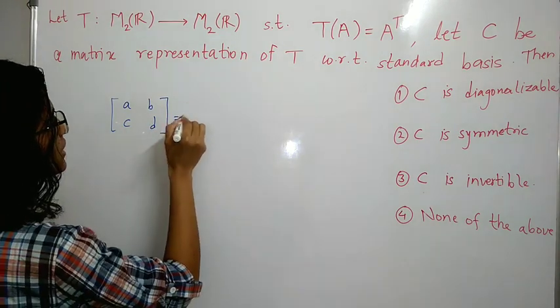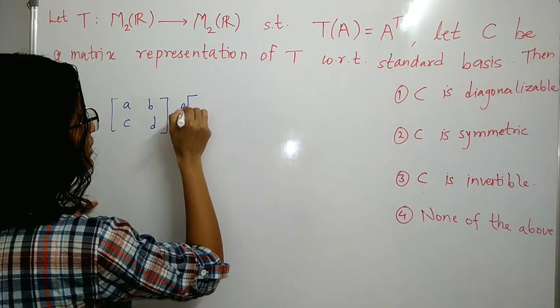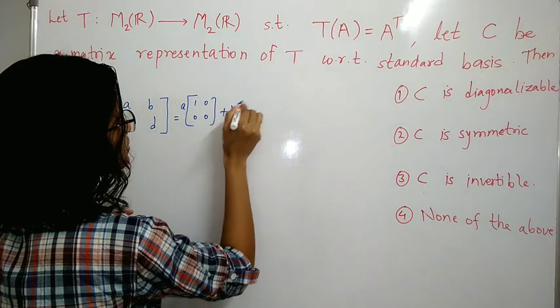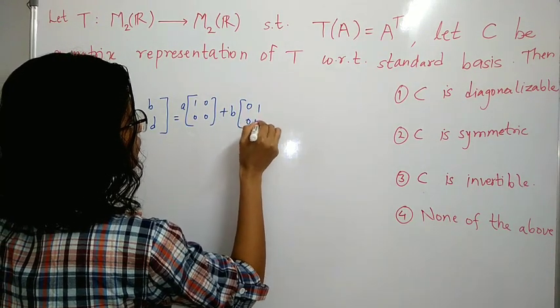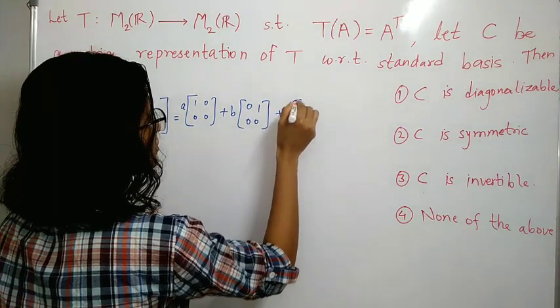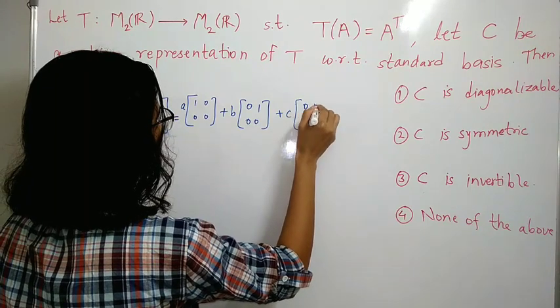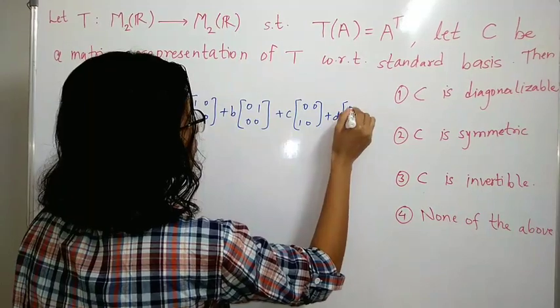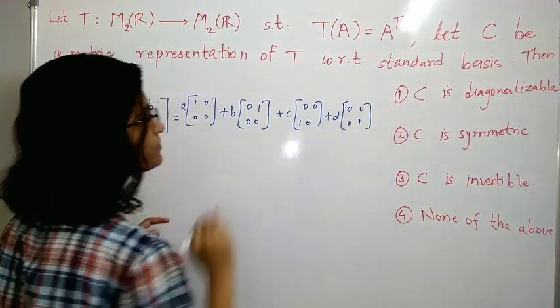We can write this matrix as A times [1 0; 0 0], B times [0 1; 0 0], C times [0 0; 1 0] plus D times [0 0; 0 1].